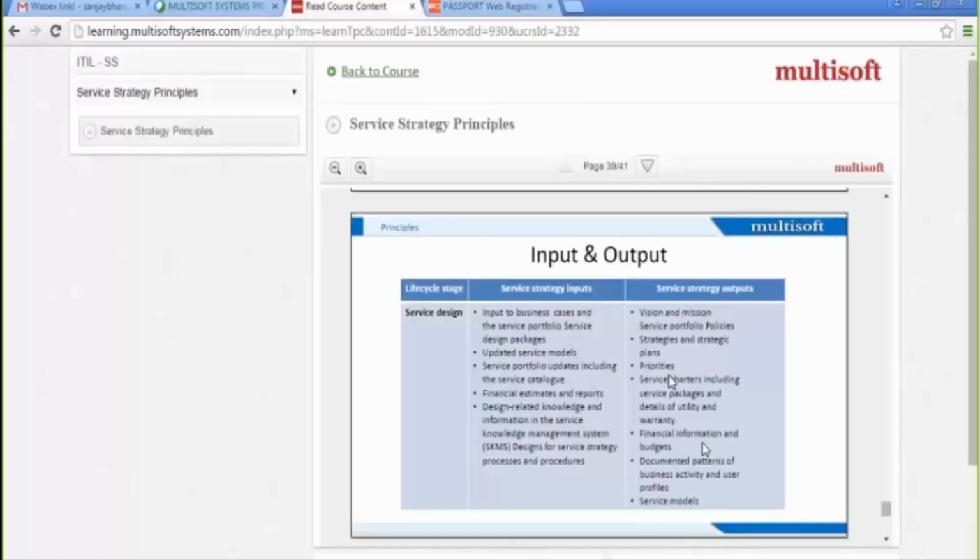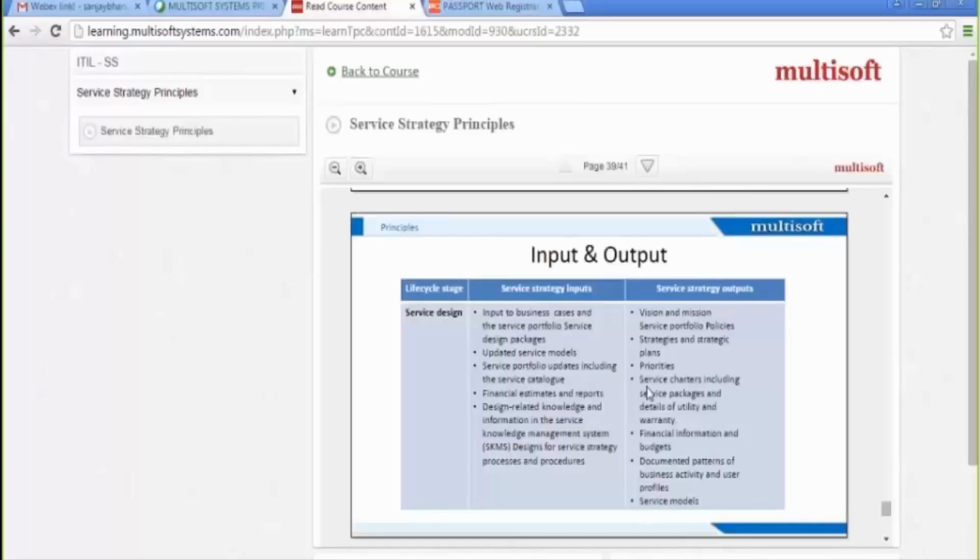Service charter, including service package and details of utility and warranty. Charter means the high level description about the service. Like the project charter I told you about: in a charter we have the business objectives, the project objectives, the strategic plan, everything, a high level description about the project.